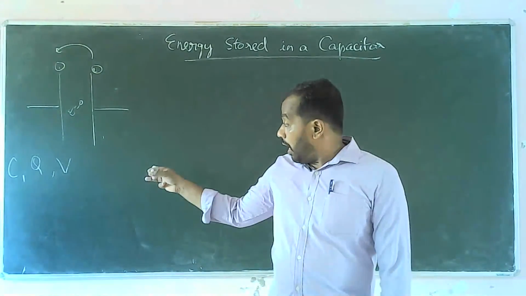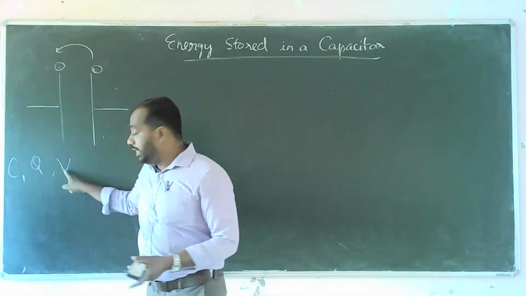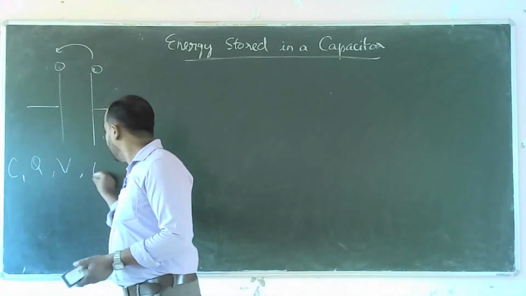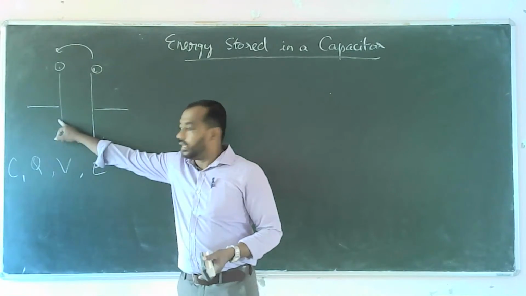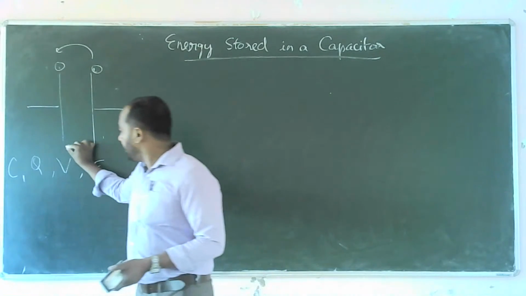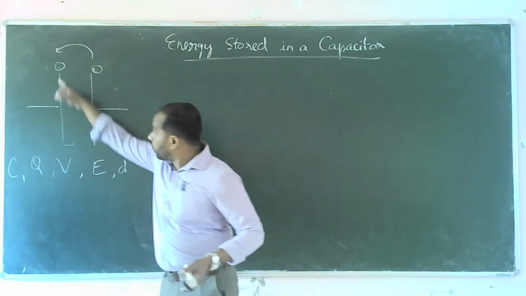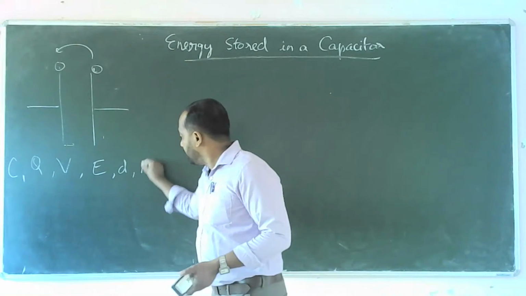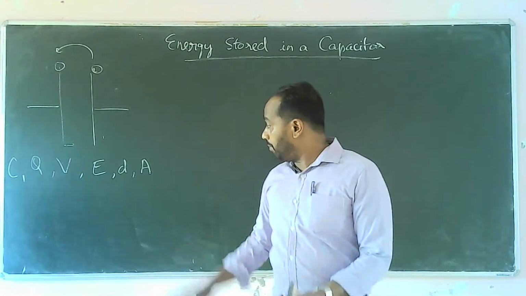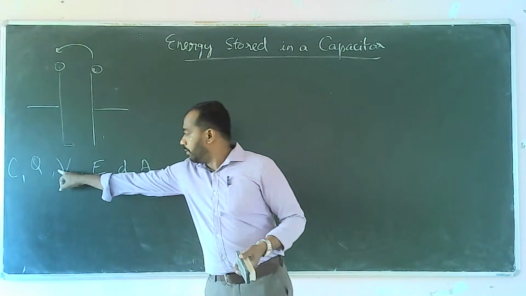And at some step, when the potential difference is V, the electric field between the two plates of the capacitor is represented as E. So when the potential difference is V, the field is E. The distance of separation between the two plates is D, and the cross-sectional area of the two plates of the capacitor is represented as capital A. We know all that, and we can also establish the relation between field and potential.